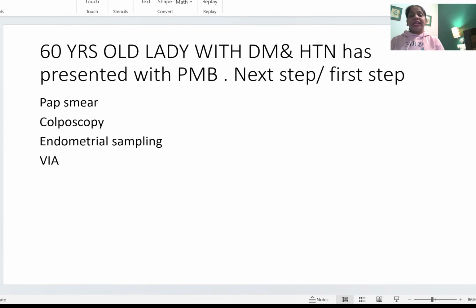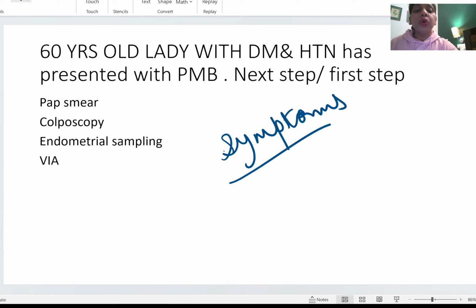So here the lady is presenting to us with symptoms, so here we will do colposcopy. Got it? The first step, what we do practically, is colposcopy. We will not do visual inspection with acetic acid; that is done by nurses.